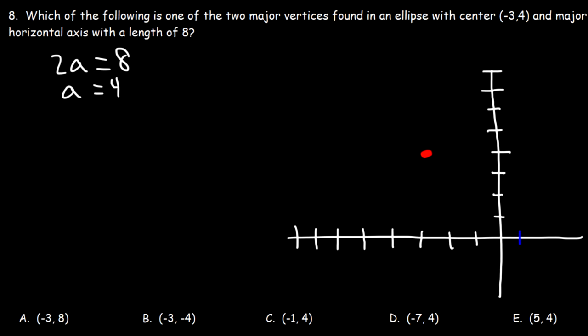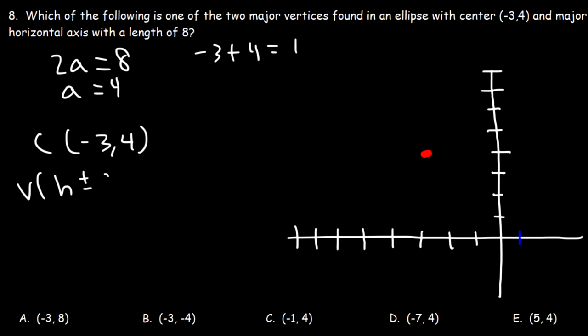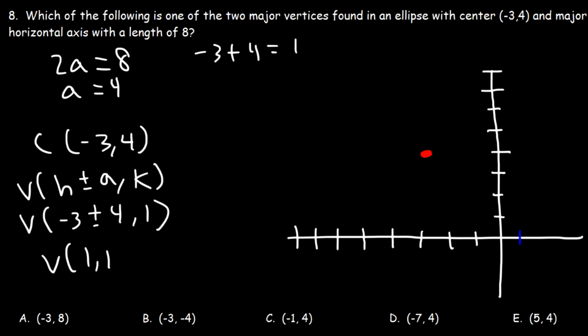So to get the vertices, we need to travel 4 units to the left and 4 units to the right. So basically, we need to add 4 to the x coordinate of the center. -3 plus 4 is 1. So the vertices are (h plus or minus a, k). So that's (-3 plus or minus 4, 1). -3 plus 4 will give us the point (1, 1).